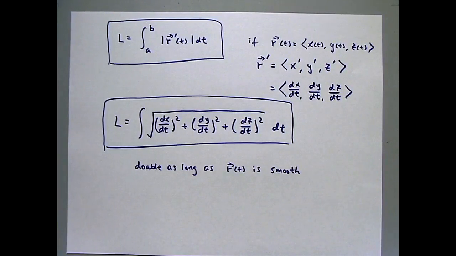Continuous, derivative always exists, and all that stuff. So in other words, as long as the curve is smooth. All right, so let's try this on something.